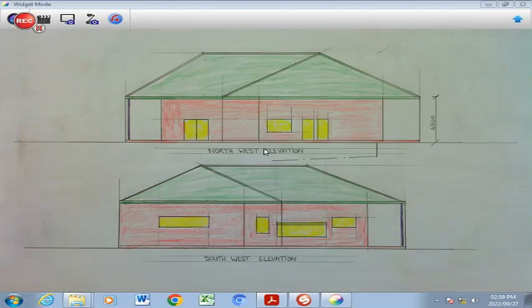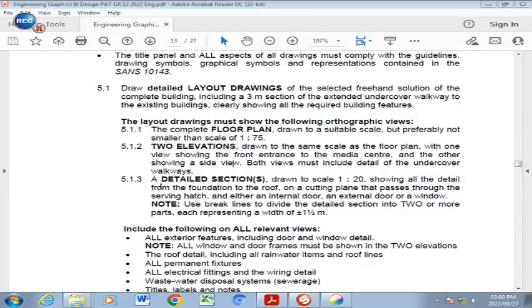So we're moving on to 5.1.3, which is a detailed section drawn to a scale of 1:20. So the scale now changes to 1:20, where all the dimensions are going to be divided by 20. You have done this previously, so you need to use your calculator, showing the detail from the foundation to the roof.